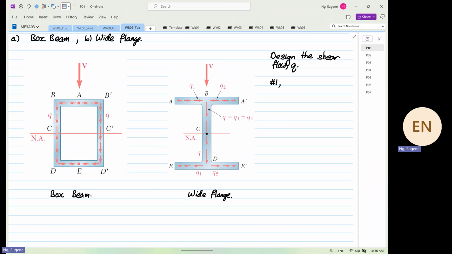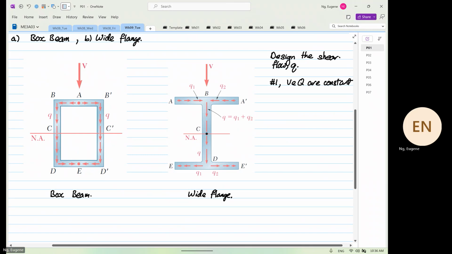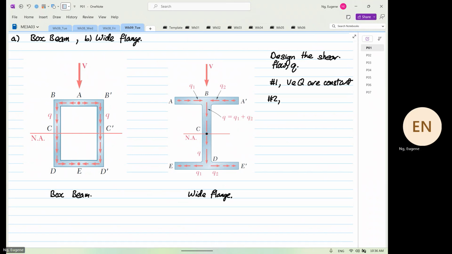Rule number 1, V and I are constant. That is still valid. Rule number 2, any idea? Can you remember?